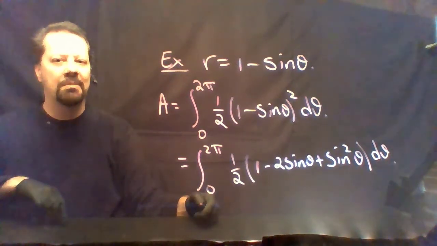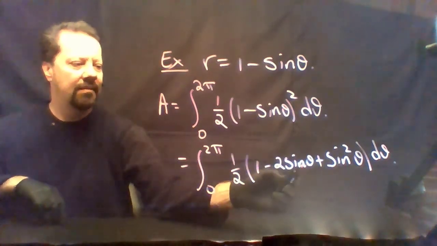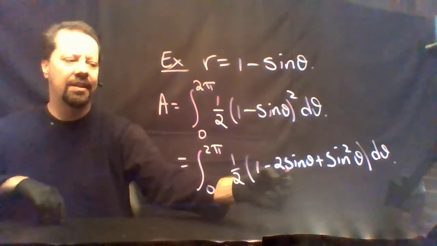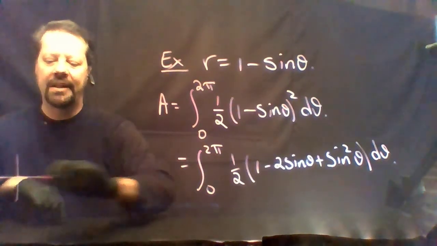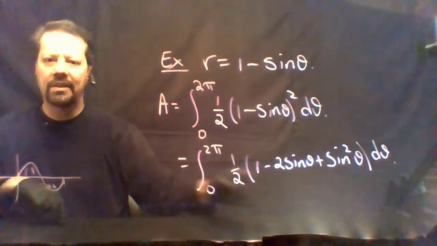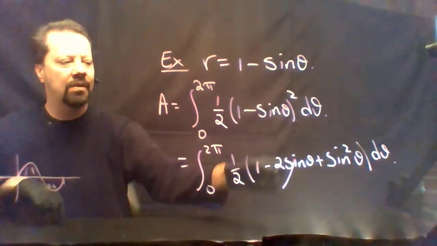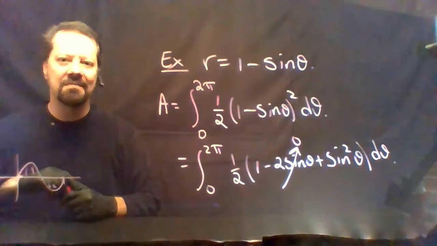Before doing any more simplification, you should note something. We're integrating this sine function in the middle from 0 to 2 pi. If you integrate a sine function from 0 to 2 pi, you will get 0. We'll cross this term out right now. It contributes nothing to our answer.